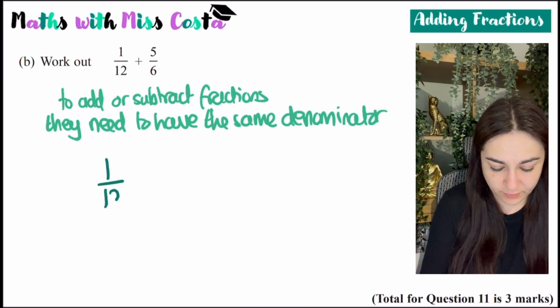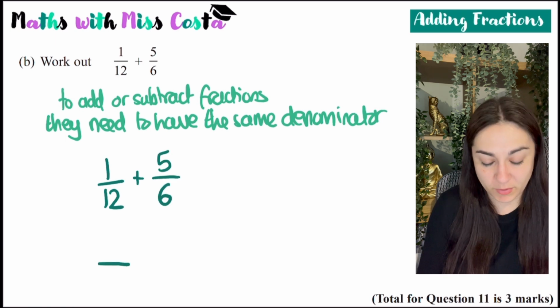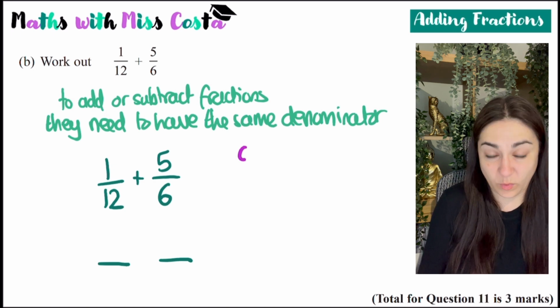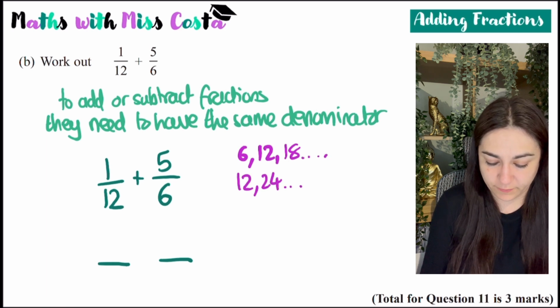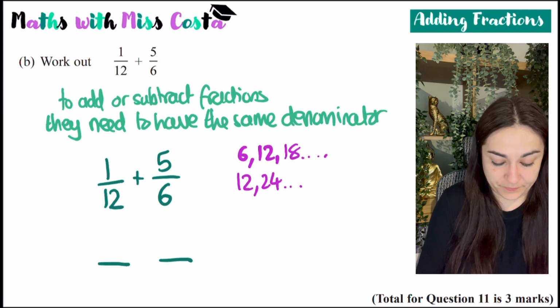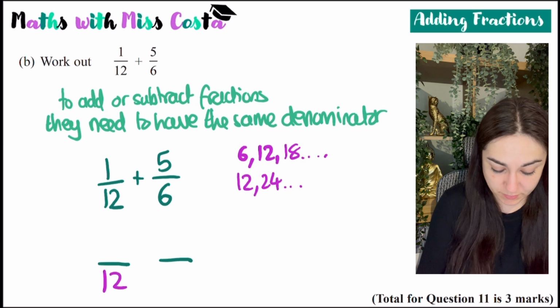So you've got a 12th and you've got 5/6, and you want to think to yourself, what's the lowest common multiple of both of these numbers? One way to do it is to write out those numbers' times tables. So you've got 6, 12, 18, then 12, 24, and so forth. Hopefully you noticed that 12 is in the 6 times table, so 6 would easily multiply into 12.